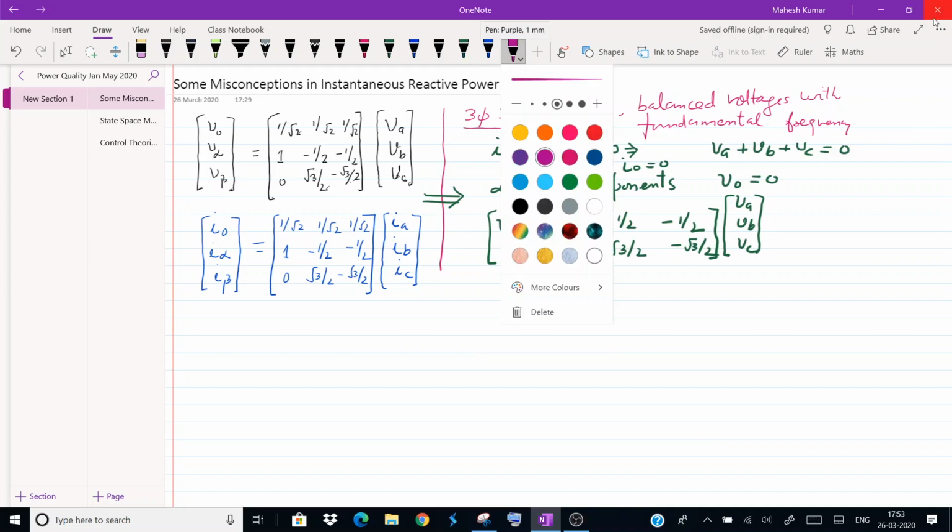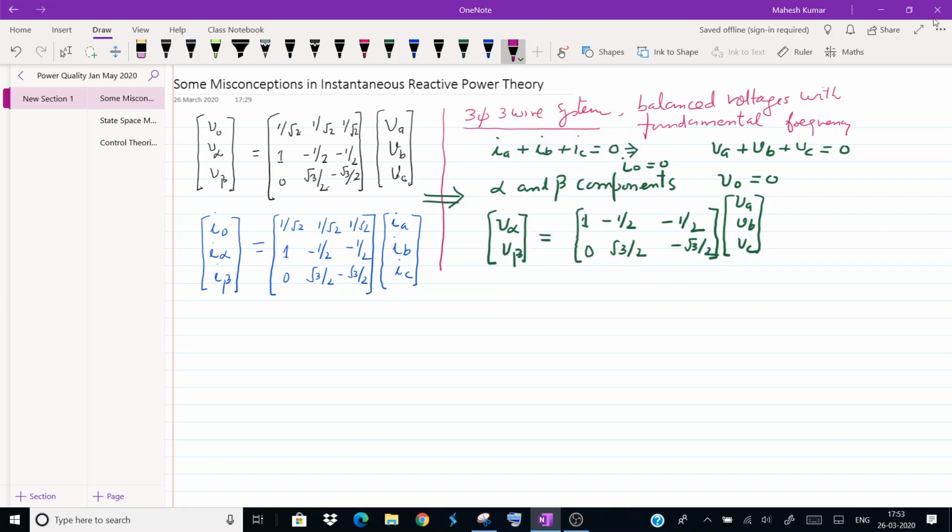Similarly, we can write the current in terms of I alpha and I beta as 1, minus half, 0, root 3 by 2 and minus root 3 by 2, into IA, IB and IC.